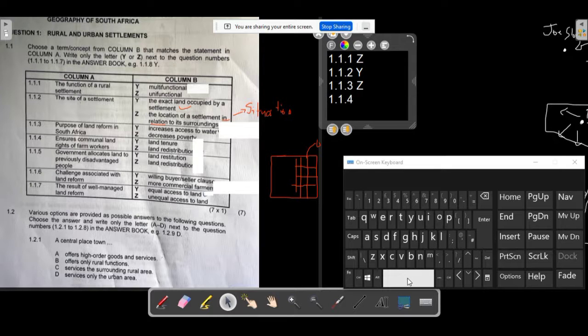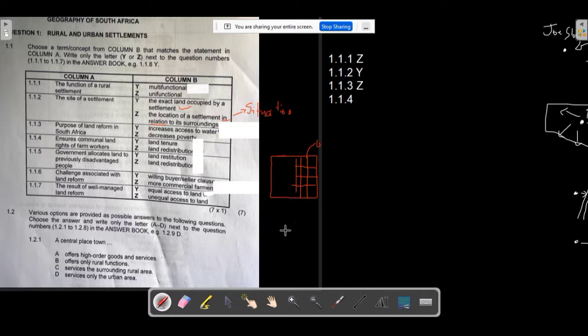Now land redistribution is when government buys land and gives it to people. They would buy this land and allocate it to people that are landless, people who do not have land. Now this is land redistribution. Giving people land. That's it.